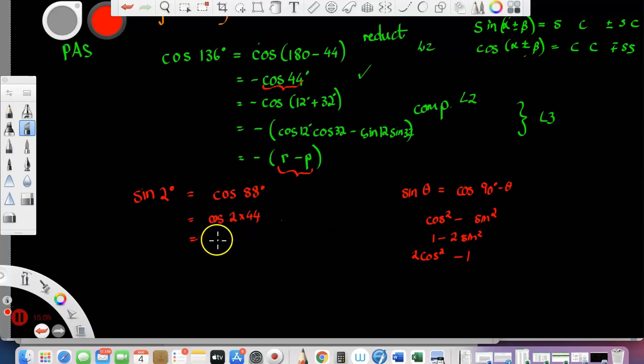So here it's best to just use this one: 2 cos squared 44 minus 1. And since I know what cos 44 is, it's just 2 times R minus P, squared, minus 1. And this is also sufficient to have written this in terms of R and P.